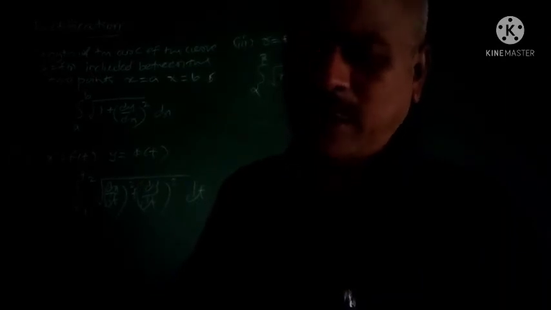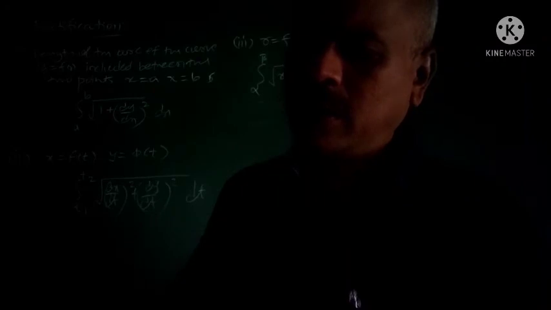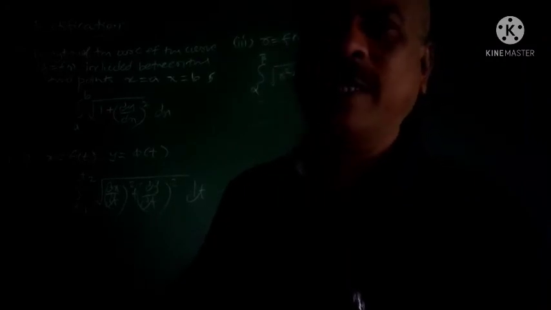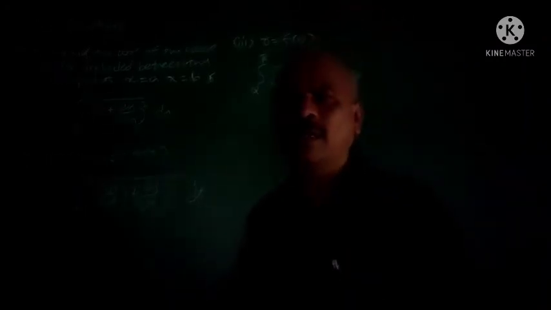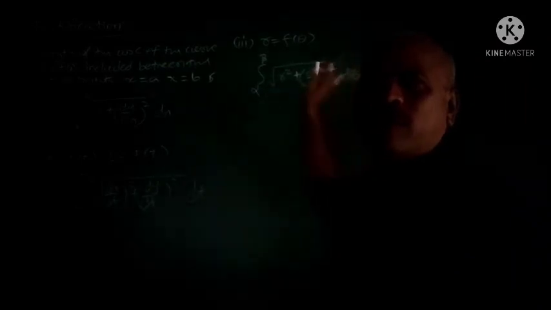I repeat, the length of the arc of the curve r is equal to f(theta) included between 2 points whose vectorial angles are theta equal to alpha and theta equal to beta is integral alpha to beta square root of r squared plus (dr/d theta) whole squared with respect to theta.